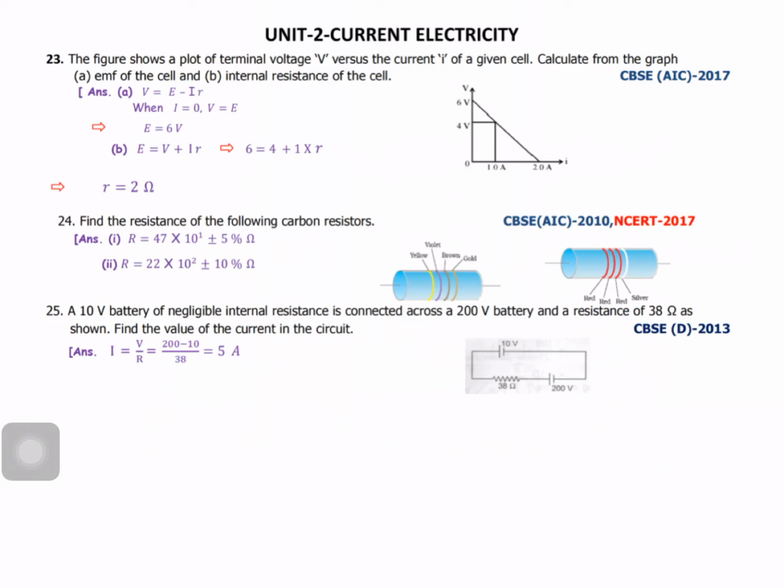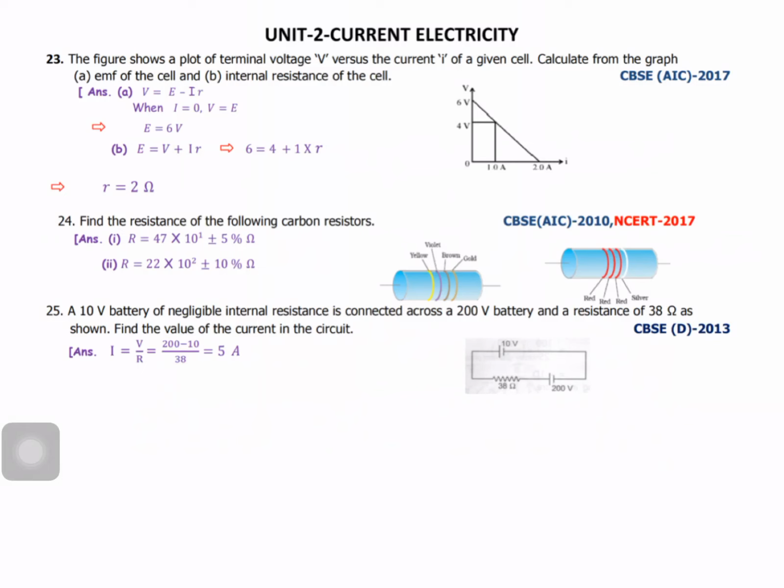First of all, you know the formula for calculating internal resistance, that is V equal to E minus I R. You know from the graph, when I equal to 0, the voltage V equal to E. So E equal to 6 volt.